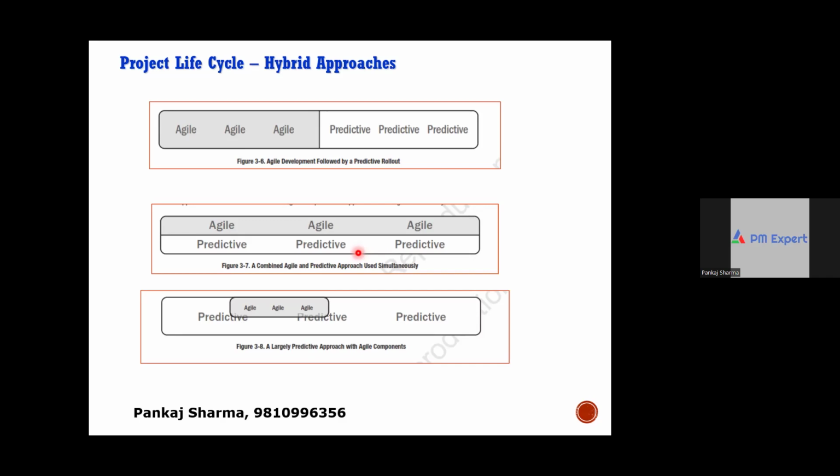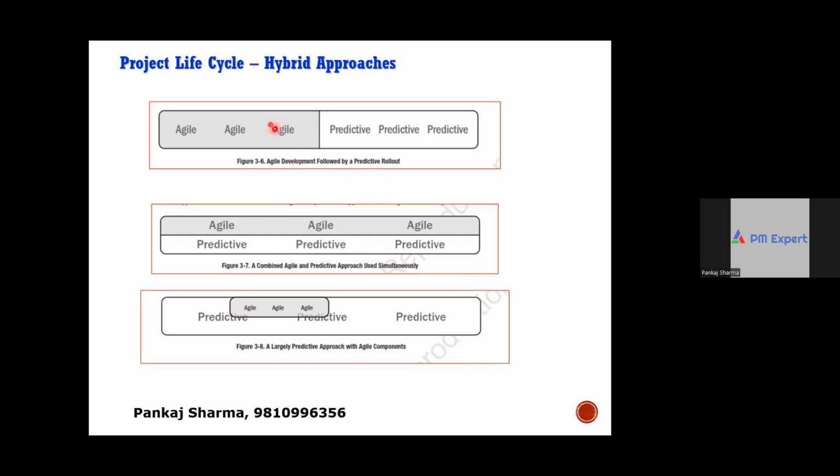Now, tell me, for IT components, like AI components, IoT components, should we use agile or not? So within the same project, different components are built with different approaches. This is one scenario where hybrid can be used, agile and predictive components together.